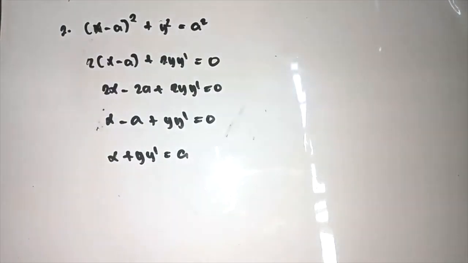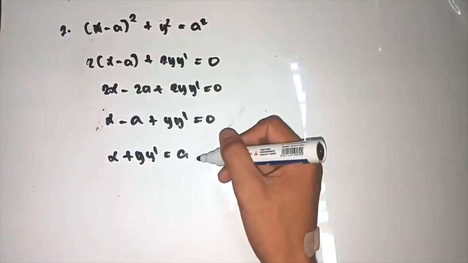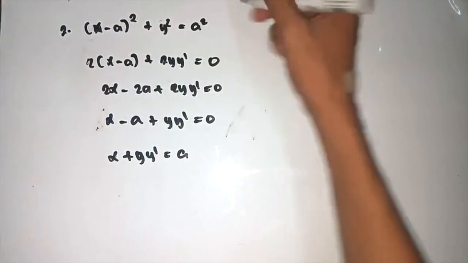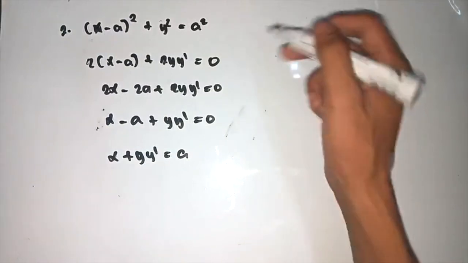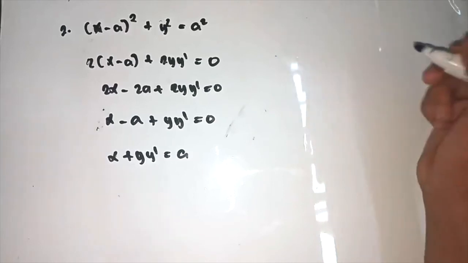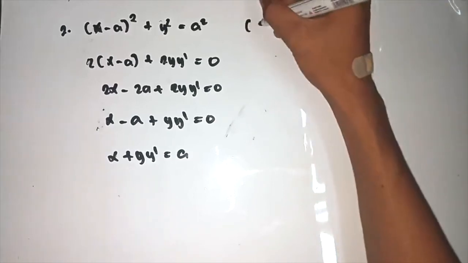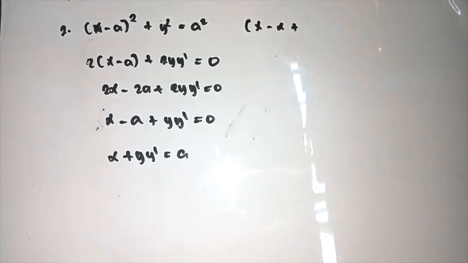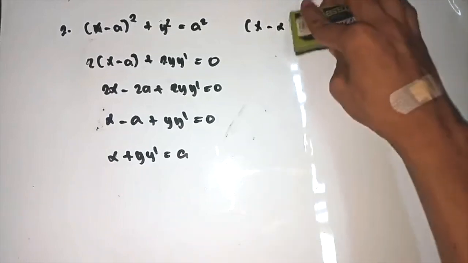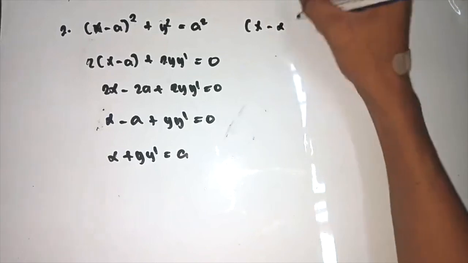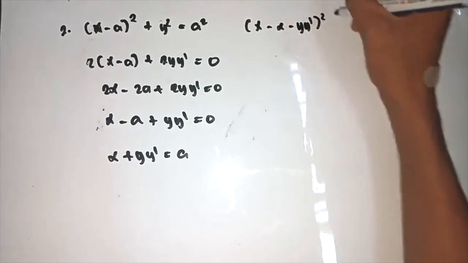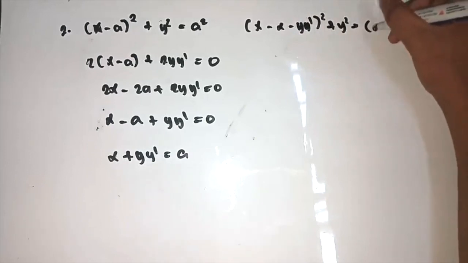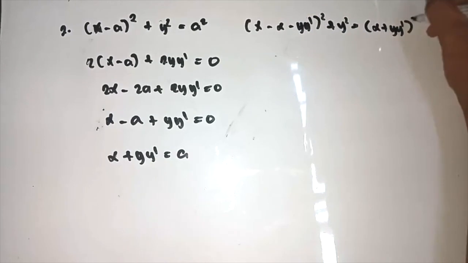So now I will substitute the value of a, since we have a value of a now. So I will substitute into the equation here, which is x minus a raised to 2 plus y squared equal to a squared. So this will become x minus x plus y y prime, this is supposed to be negative, squared plus y squared equal to x plus y y prime raised to 2.